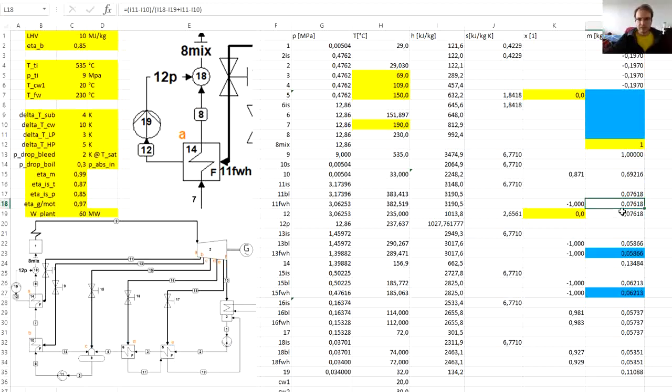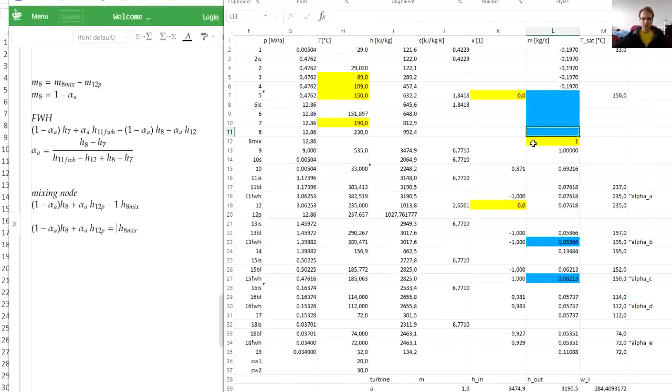And we have fixed the mass flow rate at this point. Now, once we have the alpha A, we can actually get the mass flow rates at the points 5 to 8, which is 1 minus alpha A. We have it also written down here.